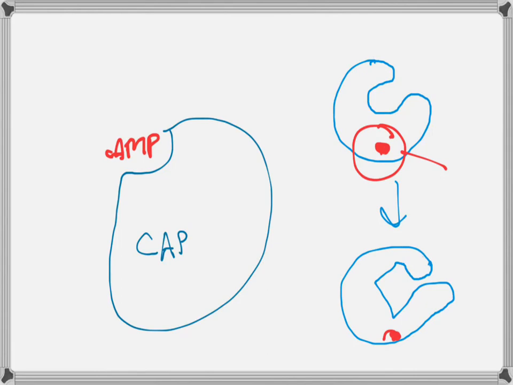What we could think of CAP or cyclic AMP as, we can think of this as a non-competitive activator, actually. It's activating a function of CAP, or it's changing the shape of CAP in a way so that it now can bind to the DNA and function like a transcription factor, a protein that's going to enhance the transcription of these genes.